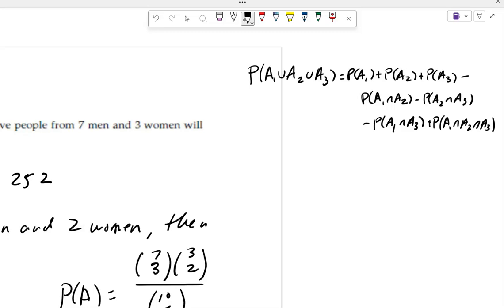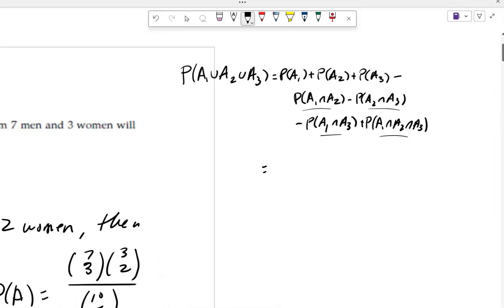All right, cool. Okay, so they give you the different pieces of these things, because they tell you these individual probabilities here and this one as well. So if we go through the different pieces, what's the probability of each of the A1, A2, and A3?